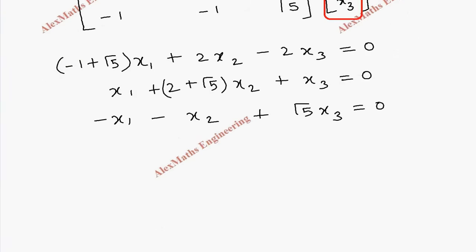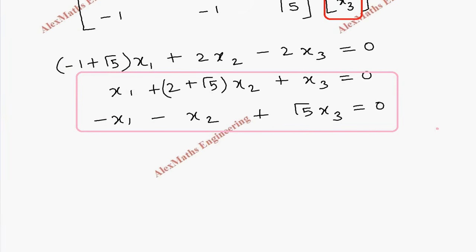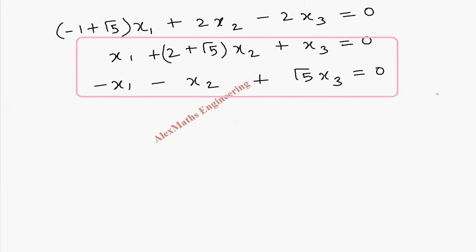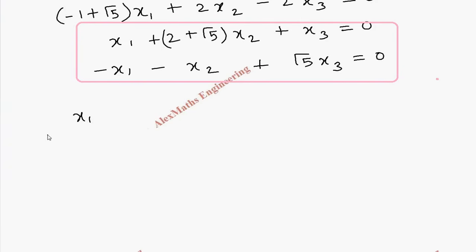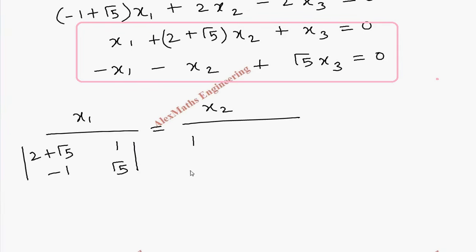Here also once again let's take the second and third equation and solve by the cross multiplication method. So we have to take x1 divided by the coefficient of x2 and coefficient of x3. So we get 1 and root 5, so this determinant, which is equal to x2 by, we have to take the coefficient of x3 and x1.